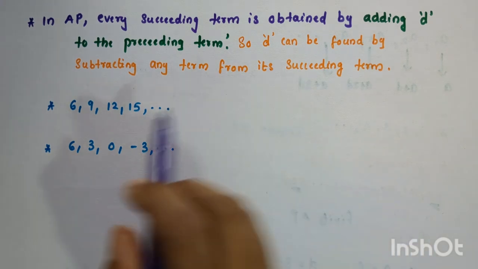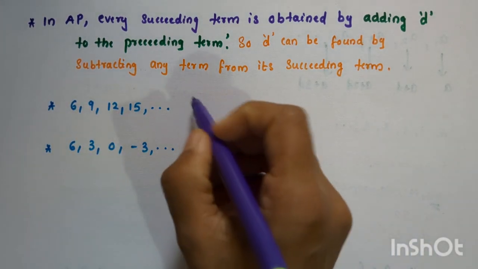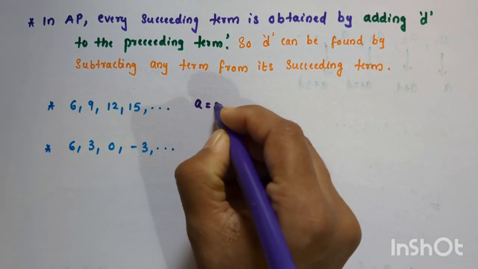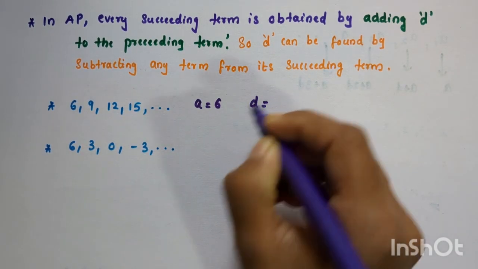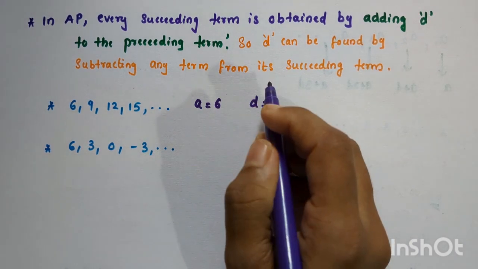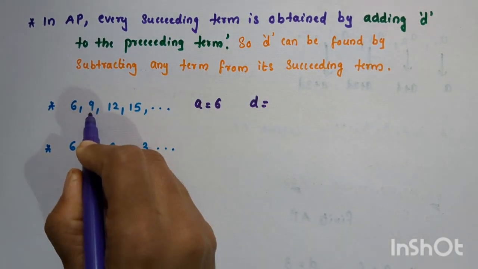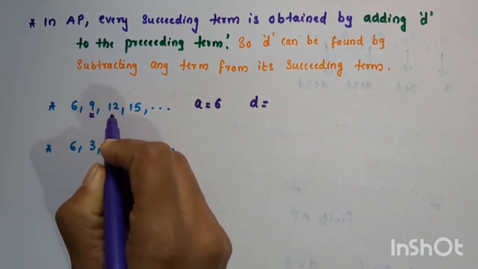For example, for the list of numbers 6, 9, 12, 15, the first term of this AP, A, equals 6. To get the common difference D, you just subtract any term from its succeeding term. If you consider the term 9, its succeeding term is 12.